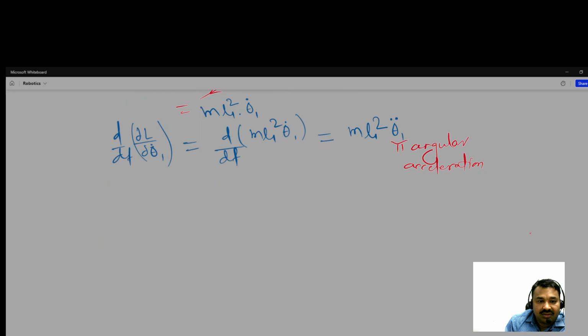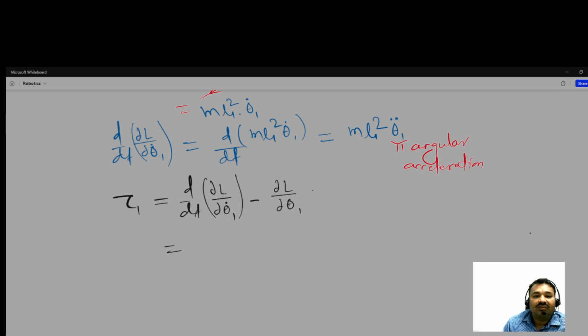So tau i is what? Tau i, now for joint one, is d by dt of the partial differentiation of L with respect to theta 1 dot. The second step is del L divided by del theta 1.